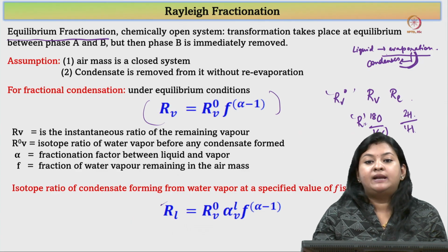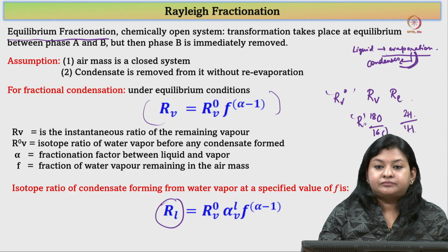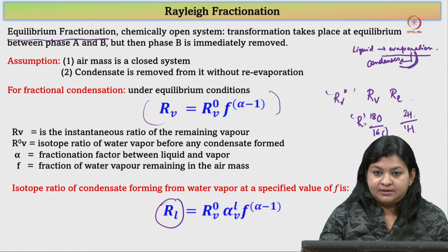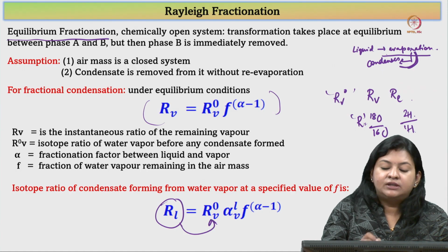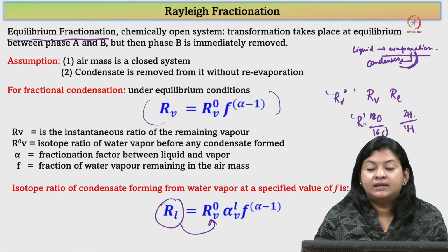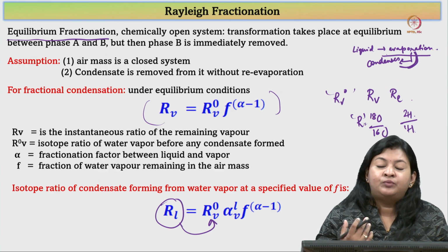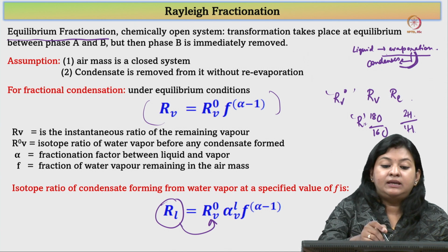Generally what will happen is that we are going to collect this rainfall, we are collecting these rain samples. From the rain samples we have to find out the composition, the isotope composition of the initial vapor mass.